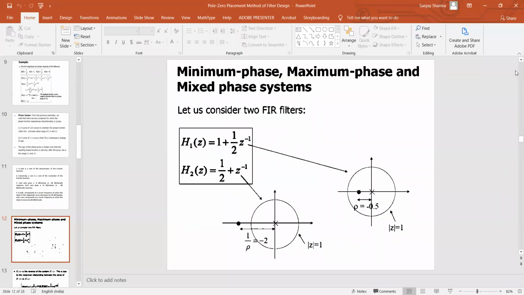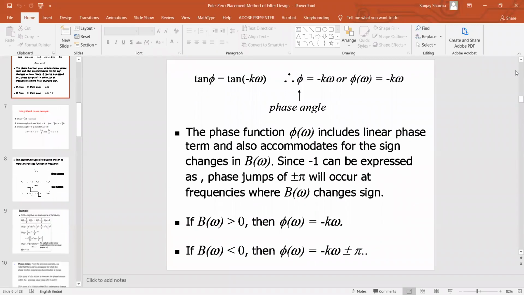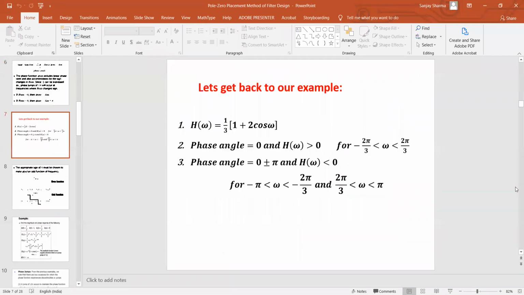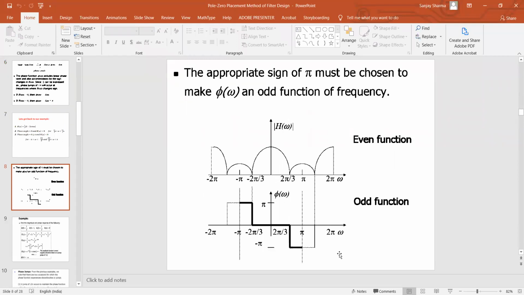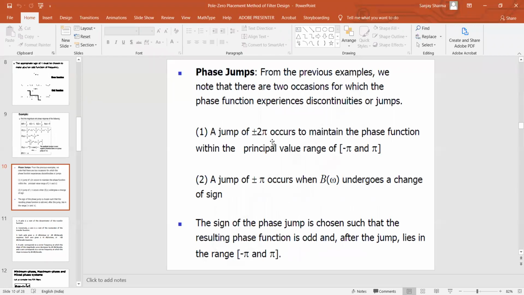If I have an example, I will show you. Probably it will come on the next slides. Then I will also explain how to take care of this plus or minus pi jump. So whenever you have to keep the phase within this range only, minus pi to pi.